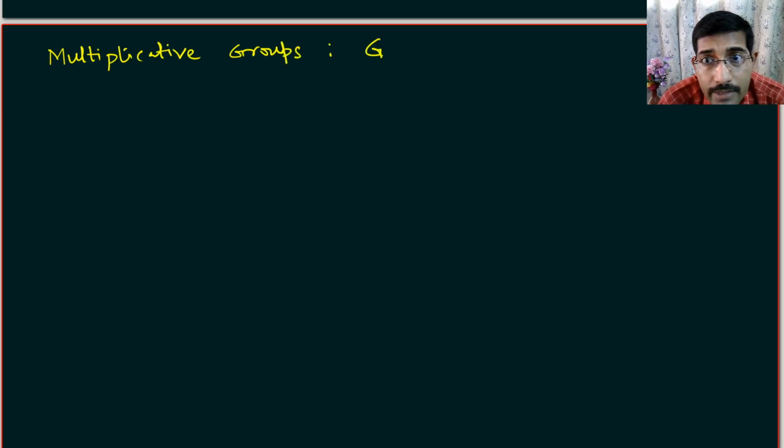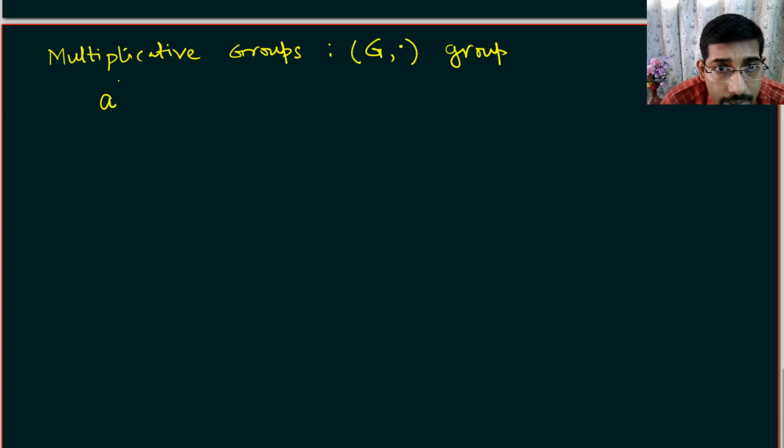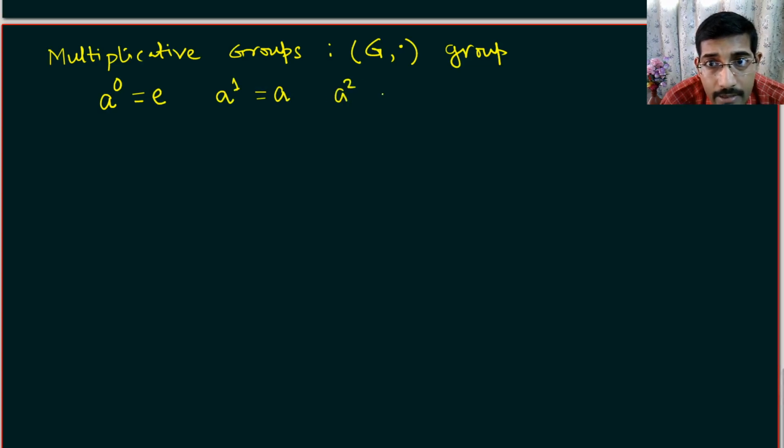For multiplicative groups, we say G under the multiplicative operation is a group, and then we write it this way: A to the power 0 is E, A to the power 1 is A, A square is nothing but A operated over A 2 times, and so on. Therefore, A to the power n is basically A to the power n minus 1 into A, which is basically A into A to the power n minus 1. Both ways we could write it.